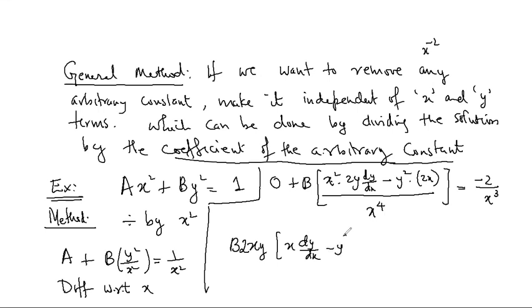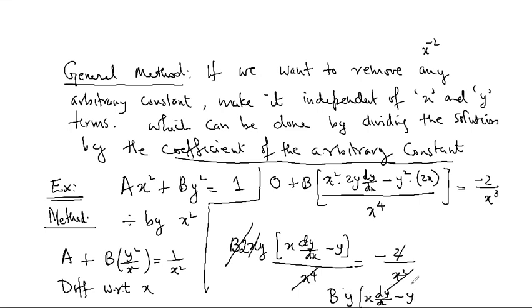Minus y divided by x raised to 4 equal to minus 2 upon x cube. 2 and 2 got cancelled. X cube and all got cancelled. So what is remaining is b times y into x dy by dx minus y equal to minus 2.